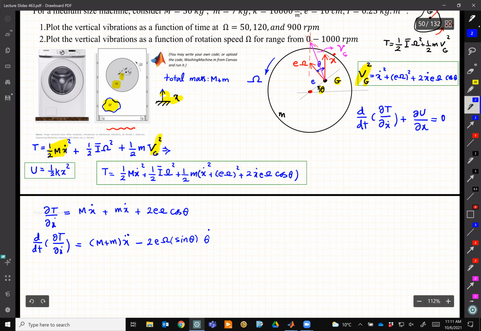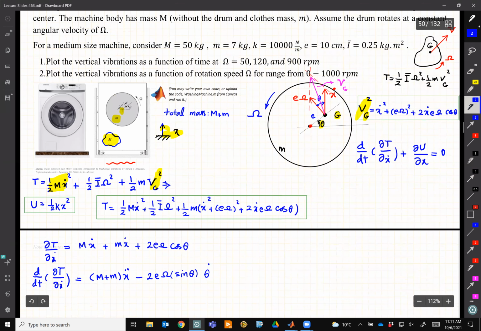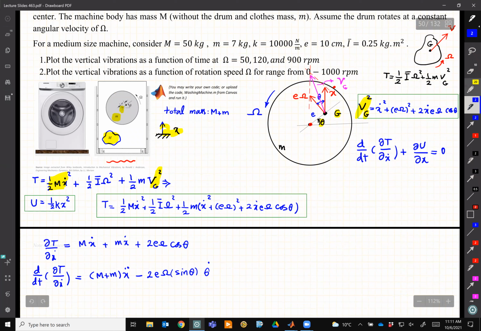So let's deal with that theta dot. Because this drum is rotating with constant speed, theta is equal to omega t.